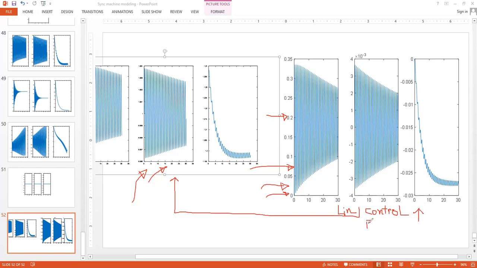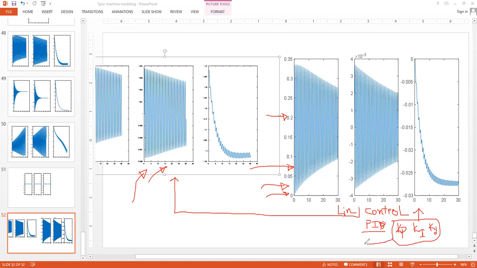And let's say it's a PID. So what you will get, ultimately, is some KP, KI, and KD, nothing else. Whatever control technique you adopt, some KP, KI, KD values would be obtained if you apply the PID control technique.